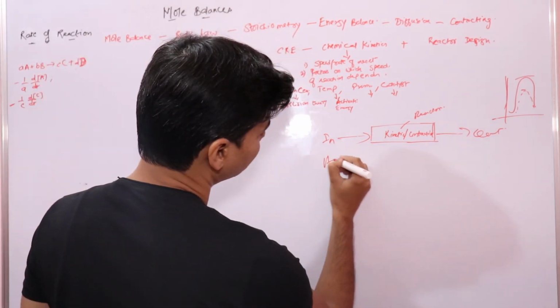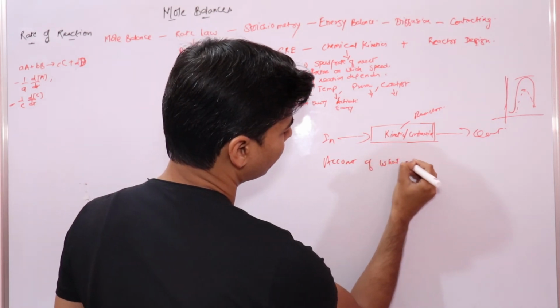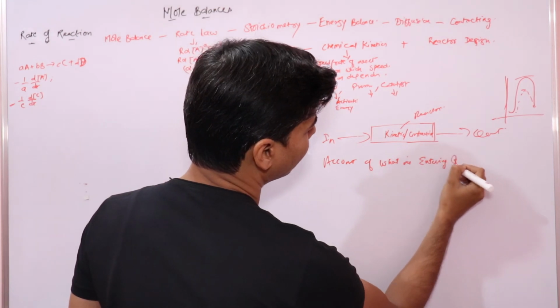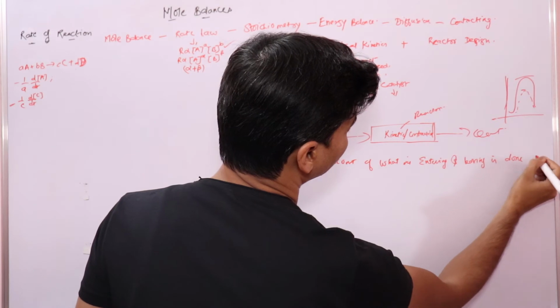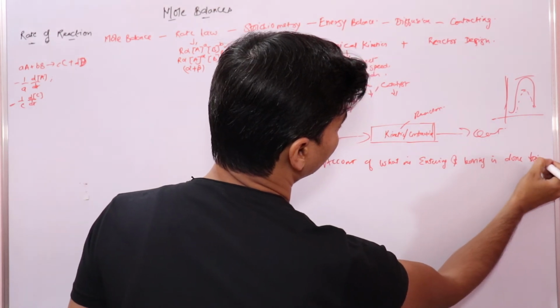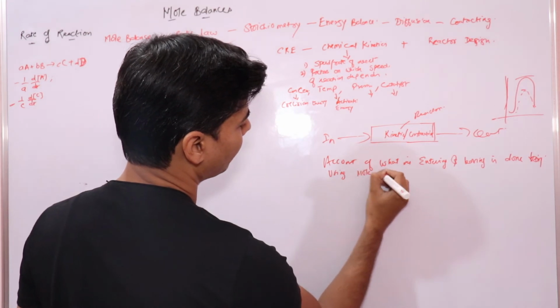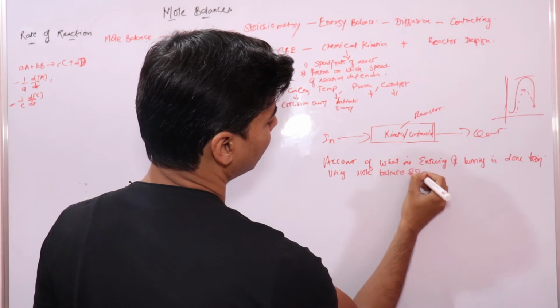So this accounting of what is entering and leaving is done by using the mole balance equation.